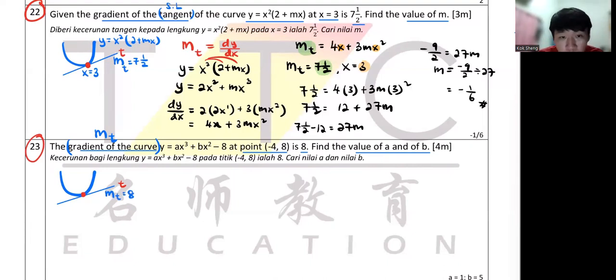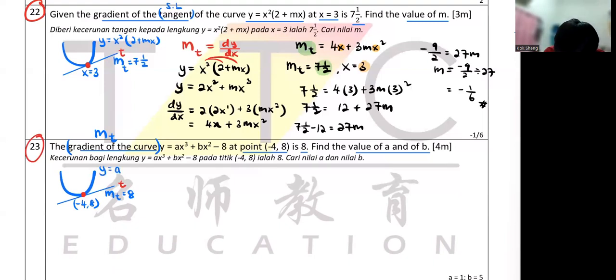And also the point given to you, negative 4, 8. So this is the picture of 23. You differentiate the curve gradient, and it also equals the tangent gradient. That is why it equals mt, the curve gradient.